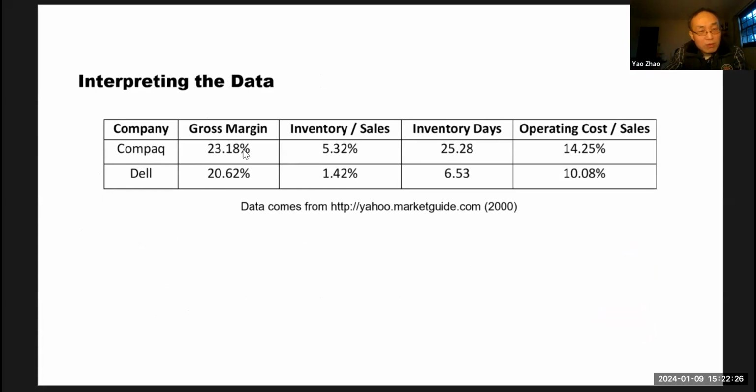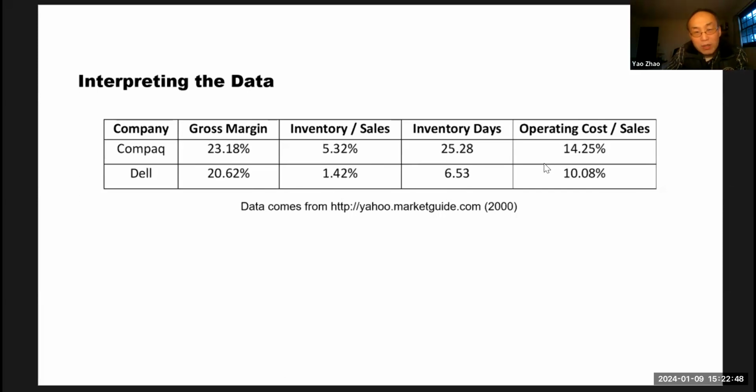Compaq's gross margin is higher than Dell's, about 3% or 2.5%. But Compaq is less efficient operationally. So its inventory versus sales is 5% versus Dell only 1%. That translates to inventory days, about 25 days for Compaq, about 6.5 days for Dell.